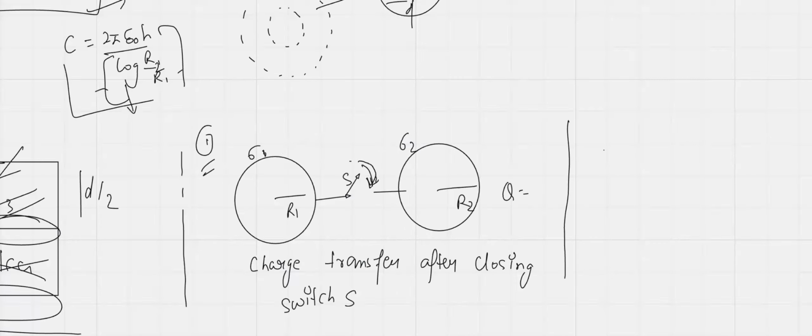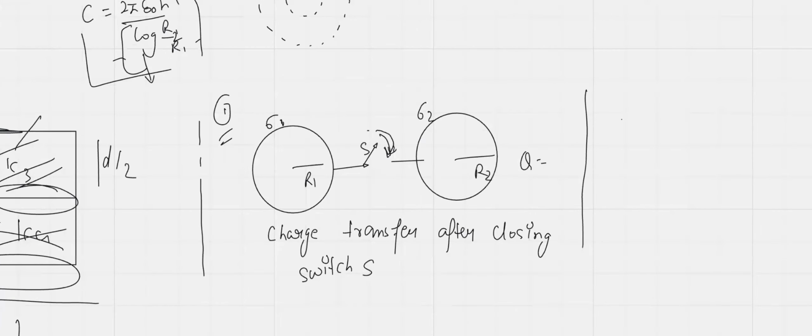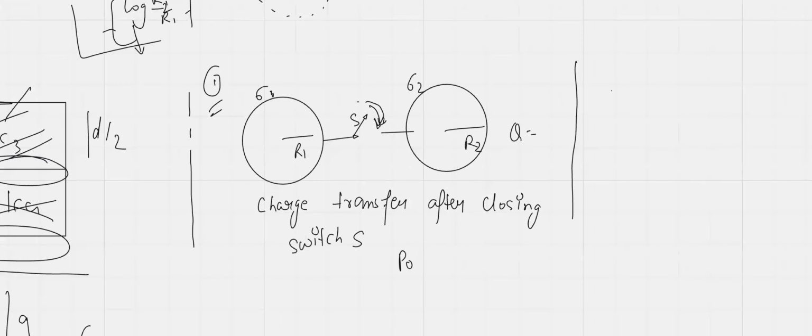So in this case, you have to check the potential. It's basically potential matching. If a potential difference is there, charge will transfer until the potential becomes equal. That's it. This is the condition. All right, sir, it is potential based.